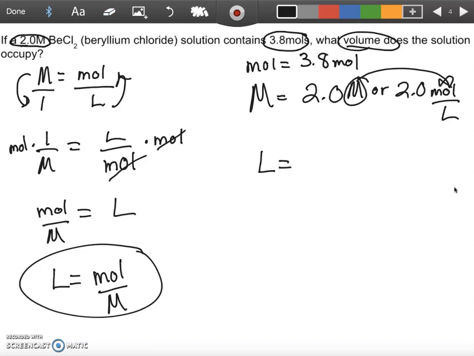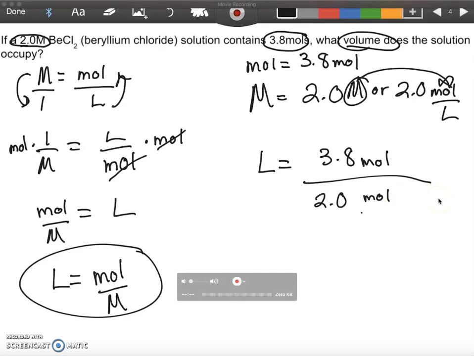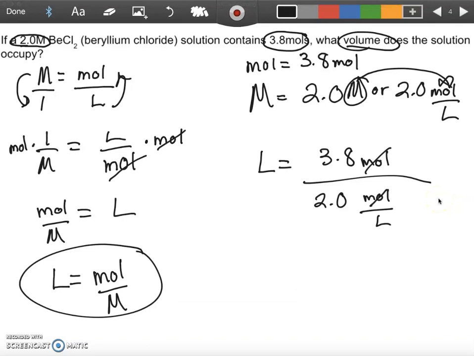Alright, the moles, 3.8, that goes on top. And on bottom we have 2.0 moles per liter. Guess what? Those moles cancel, and then by division this L will move up top. And if we do 3.8 divided by 2.0, we will get 1.9 liters of solution.